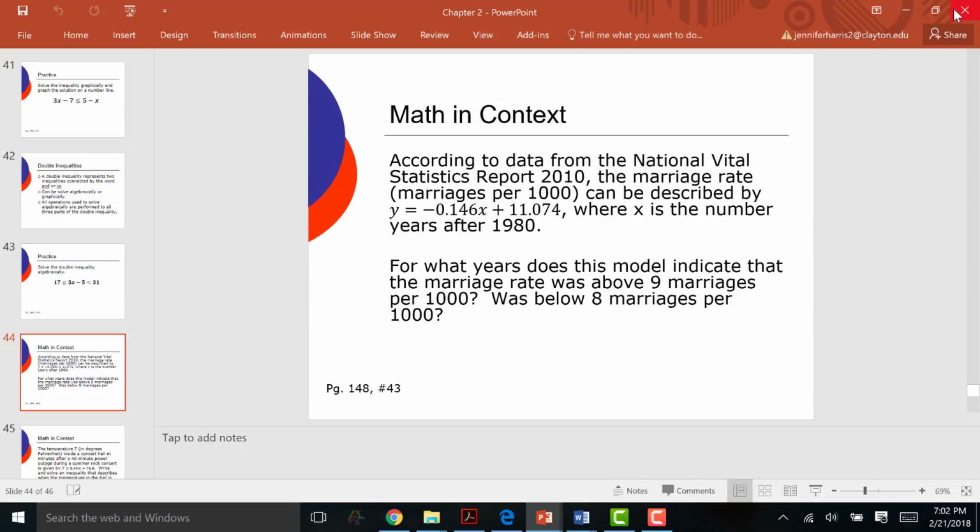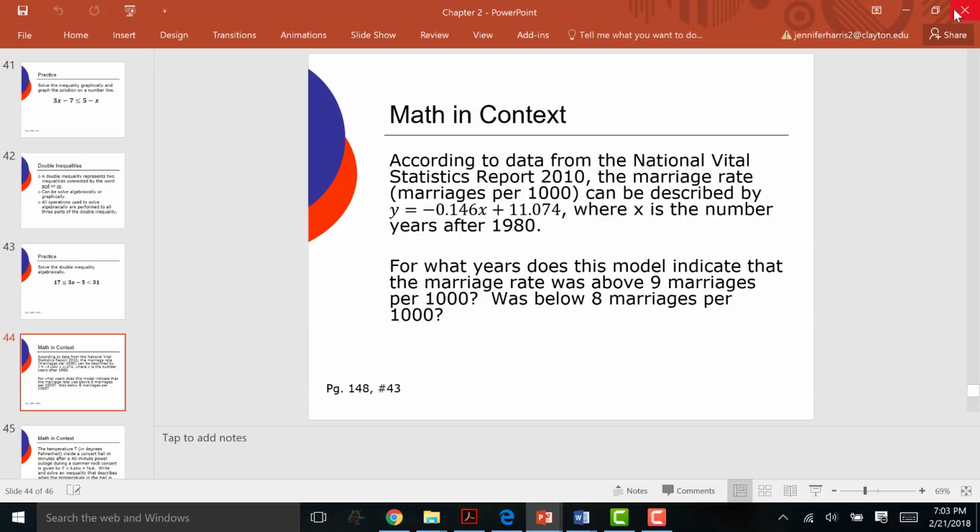So x is, somebody do the math for me, negative 2.074 divided by negative 0.146. Somebody do it on the calculator. It's going to be positive 14.205.